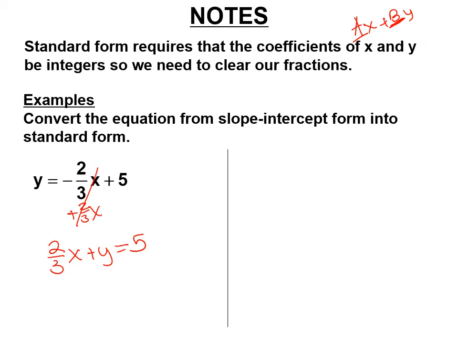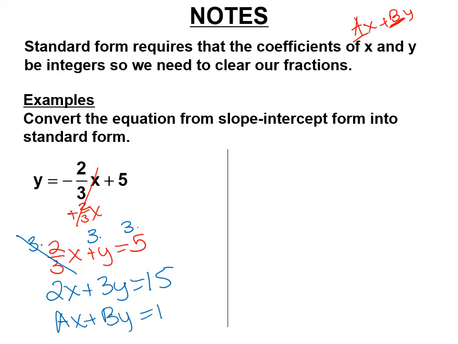Hopefully you're multiplying everything by 3, and that means both entire sides have to be multiplied by 3. So this cancels out. You get 2x plus 3y equals 15. And now that's in ax plus by equals c form with a as an integer and b as an integer. C can be anything, but in this case it was an integer.